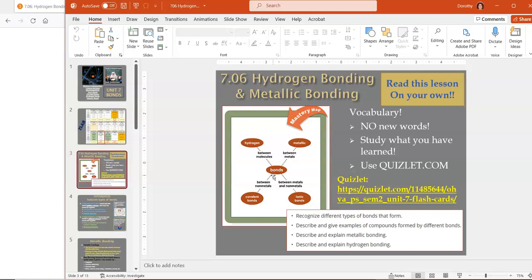Instead, hydrogen bonding happens between different molecules, like two molecules of water, or a molecule of water and a molecule of something else. Or in the case of metallic bonding, it's basically like all the atoms are together. All of the atoms are positive ions, and all those little electrons that they gave up are just floating around in between. It's funky, it's weird, it's cool.